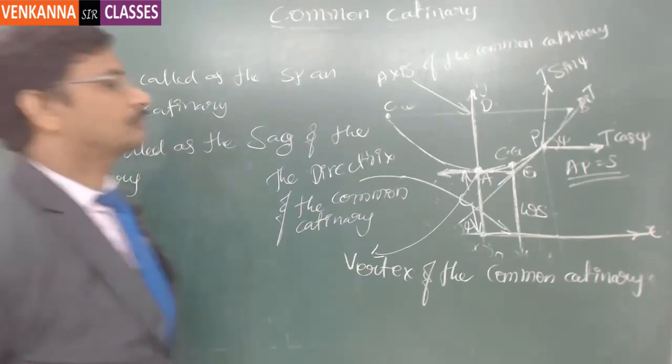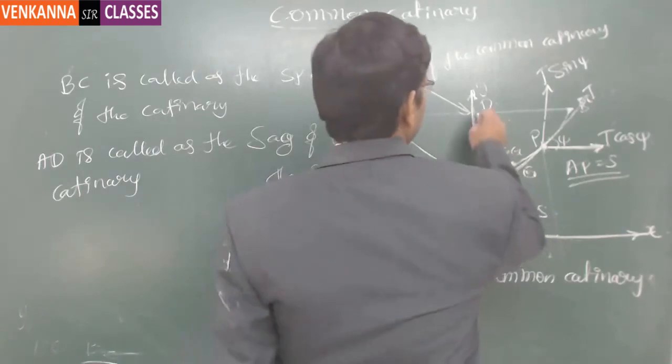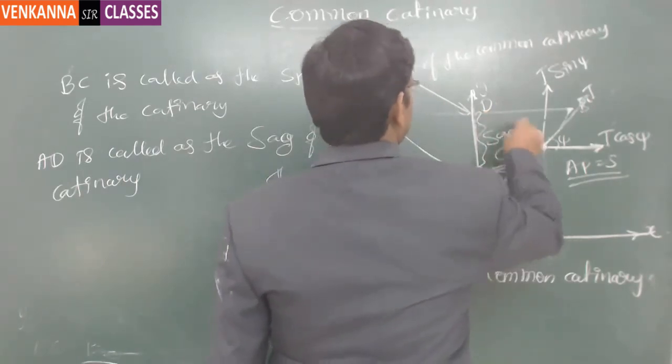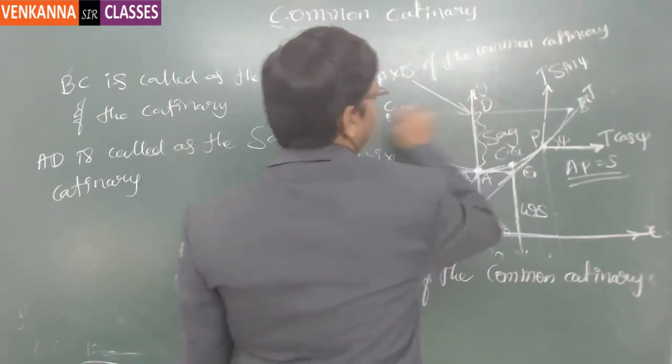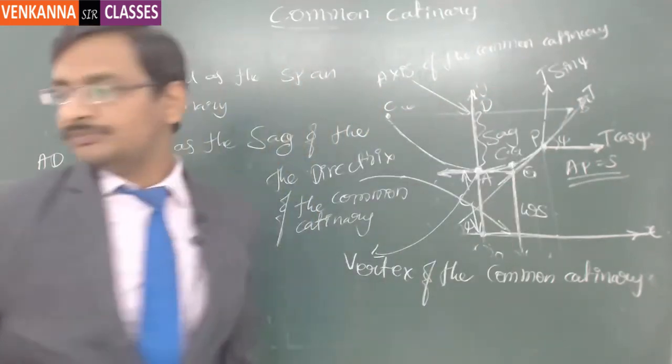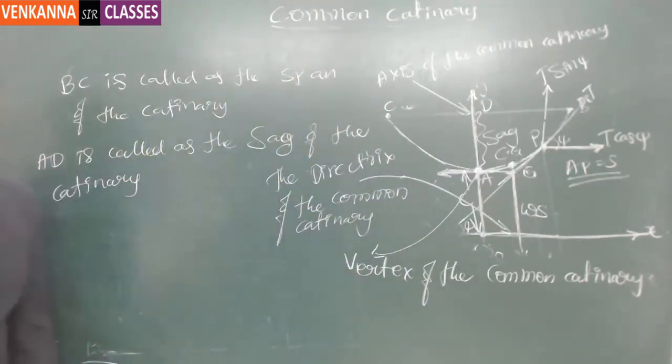Got it? This is the sag, and this is the span, BC is the span. And c is called the parameter of the catenary.